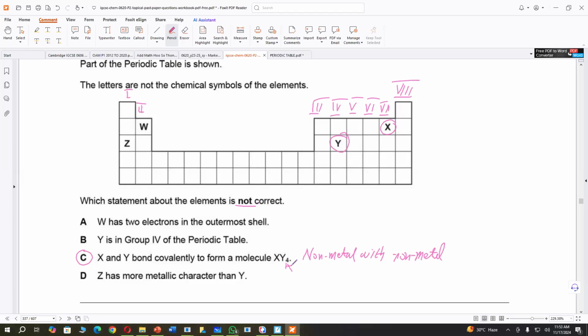So that means silicon has a charge of 4. Let's say Y is silicon and X is fluorine. It can be SiF4, but he is saying XY4, fluorine and silicon 4.